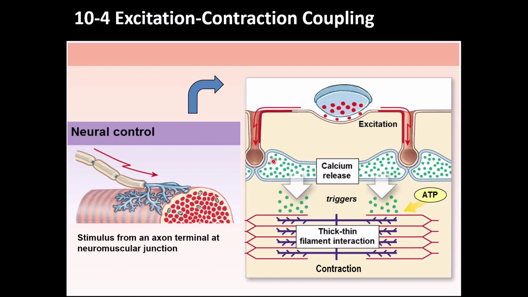The T-tubule is located close to the sarcoplasmic reticulum, and if you remember, the sarcoplasmic reticulum surrounds the myofibrils. The sarcoplasmic reticulum contains calcium, and that calcium is released, and that will cause muscle contraction.